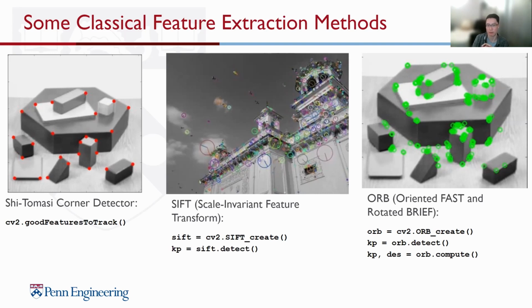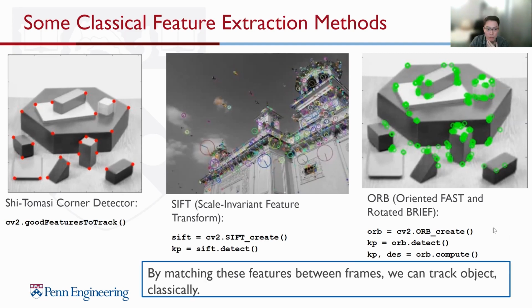It's also very fast compared to SIFT. It has a quite long output descriptor vector. That means when you have 2 points to match, you can be very confident if there is a large overlap between the 2 descriptor vectors. So with this, we can match these features between frames. And if we can match features between frames, we can track objects, right?